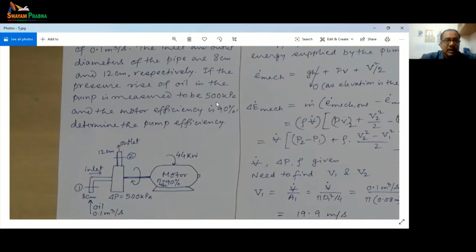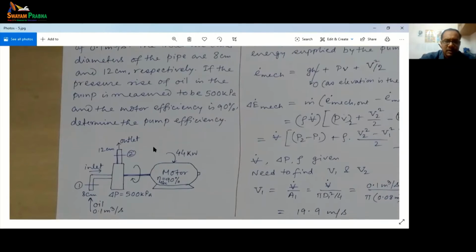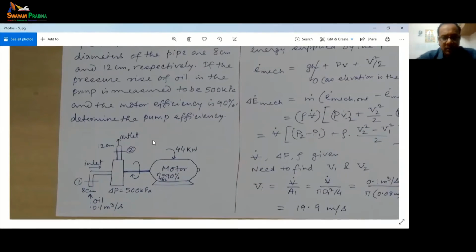That's the given quantity here. The pressure rise is 500 kilopascal, and the pump is run by a motor, an electric motor.